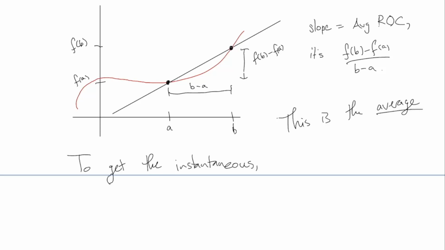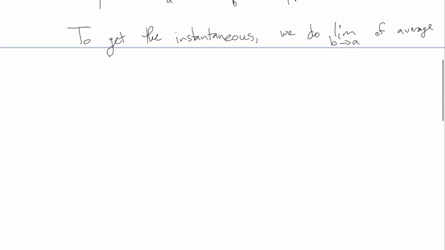Technically, you do this whole thing, but you take the limit as b approaches a. Then this interval, this duration of time, becomes infinitely small if b and a get very close together. So to get the instantaneous rate of change, we take the limit as b approaches a of the average rate of change.